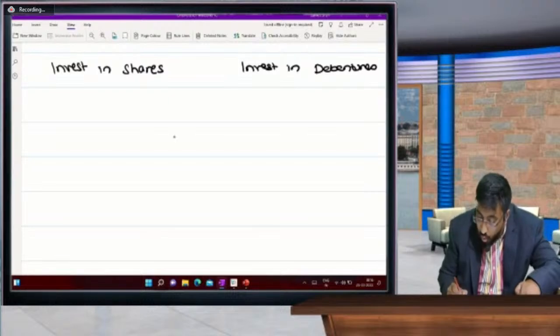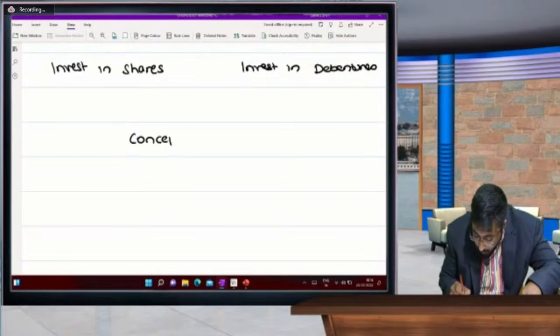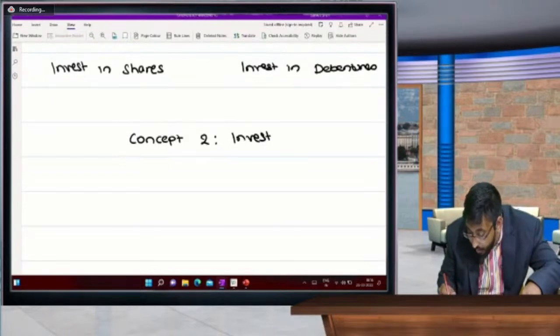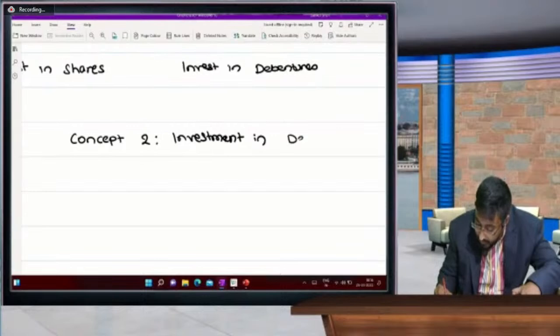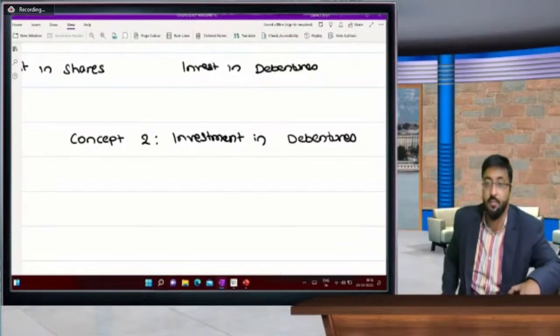Now how to account for these, one by one. Concept 2: we will first take investment in debentures.